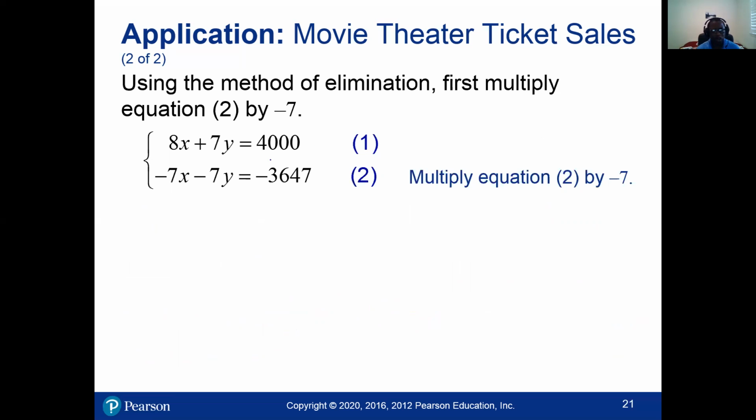First, if I look at the original equations, which are 8x plus 7y equal to 4,000, and the other is x plus y equal to 521.